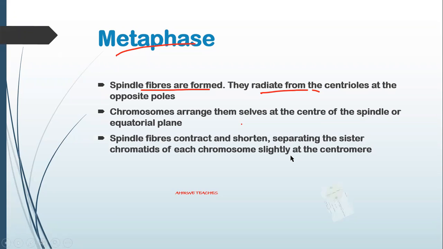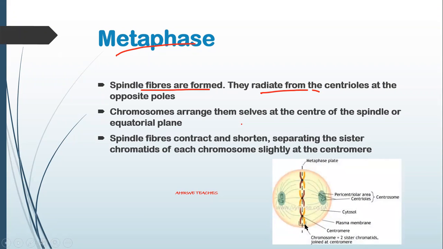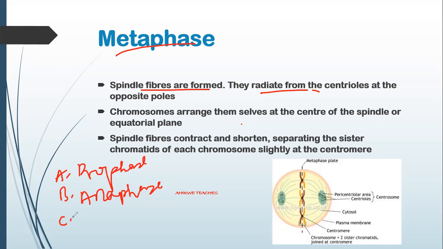Have a look at this. This is what I'm talking about. If I give you such a drawing and ask, which stage of cell division is shown in the figure below? And I put A, prophase. B, anaphase. C, maybe telophase.